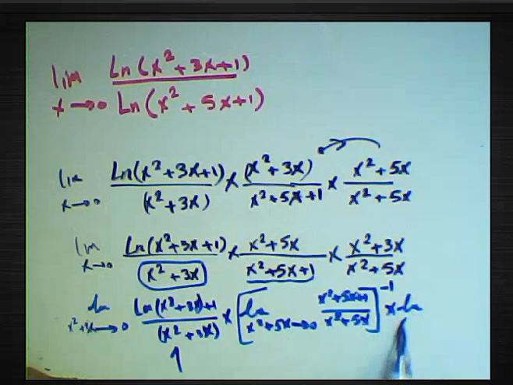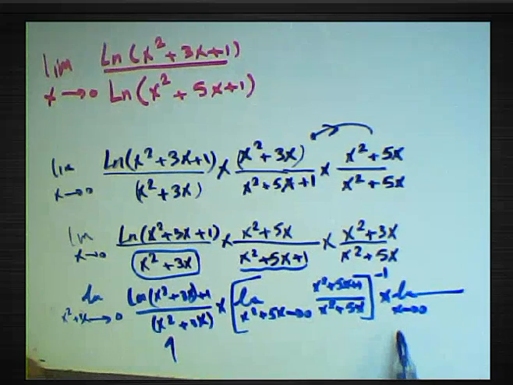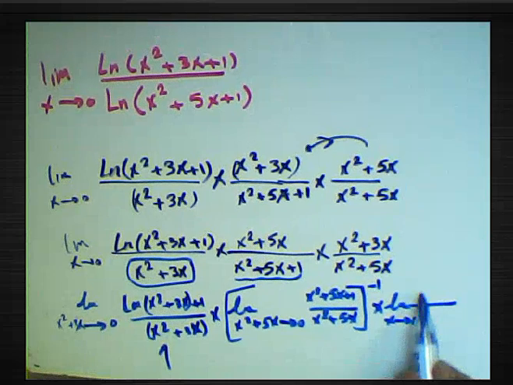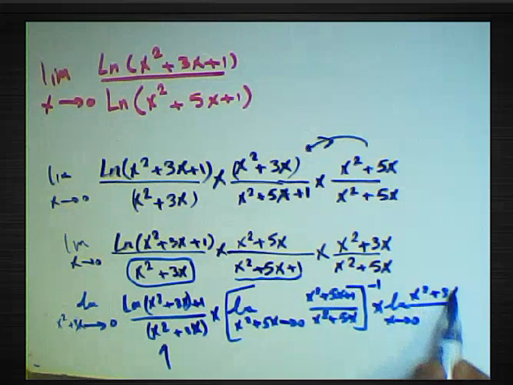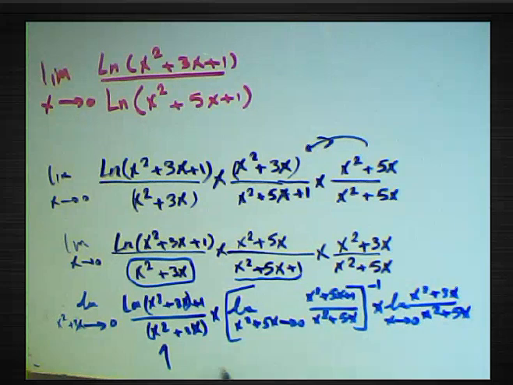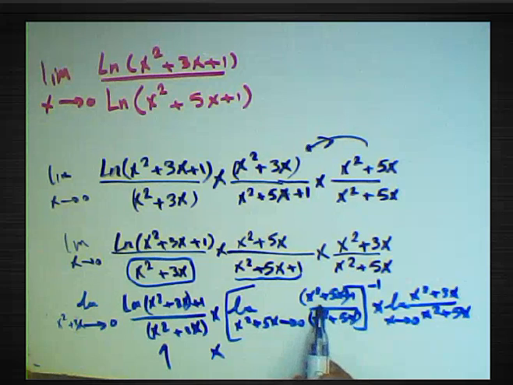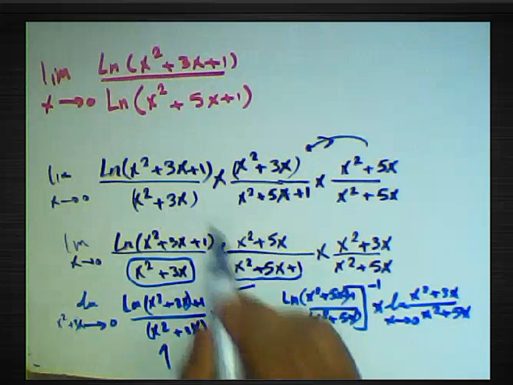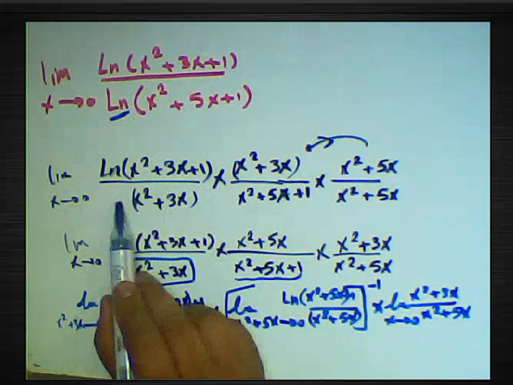and the limit when x approaches 0 of this expression, x squared plus 3x over x squared plus 5x. The result here will be 1, because we have the same piece here plus 1, and we write ln outside, because we have ln here in the example.